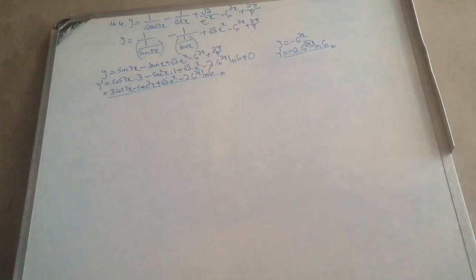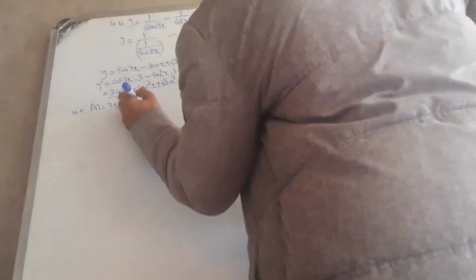And then in 4.5, differentiate, they say if f at x equals, we are given that f at x equals 3x cubed plus 9x squared plus 3x plus 7.